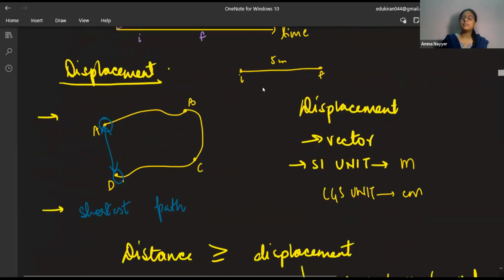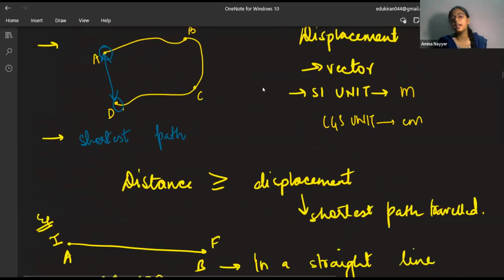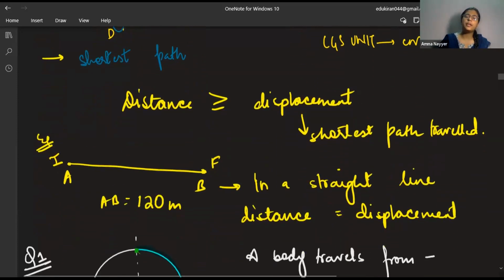And one more last thing: distance is greater than displacement, or it can be equal to displacement. Because displacement is the shortest path and distance is the total path covered, obviously distance will be more. But in certain cases distance and displacement are equal. For example, if I give you these 2 points A and B, the separation between AB is 120 meters.